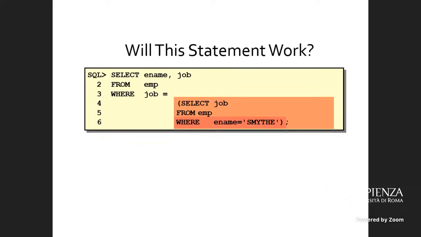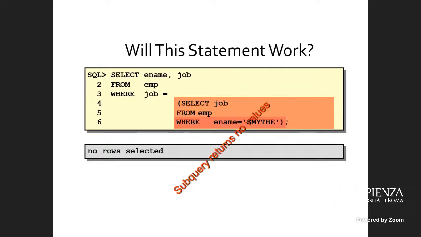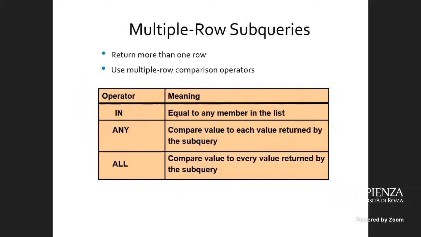There's no Smithy in our database, so this would not return any rows. However, if there was a Smithy, this would return just one row. But if there were two or more Smithies, then we would have a multiple row subquery. So this returns no rows selected because there's no Smithy in our database.